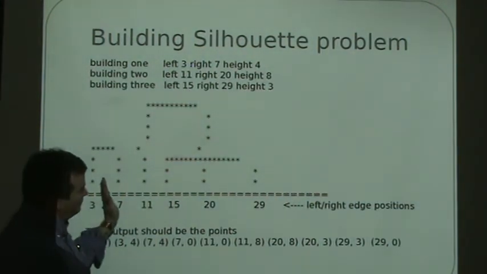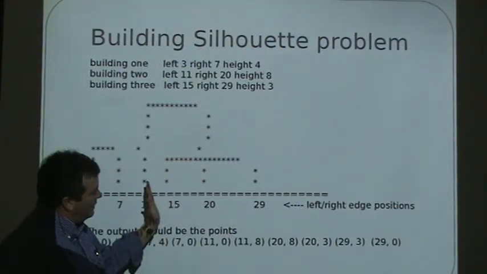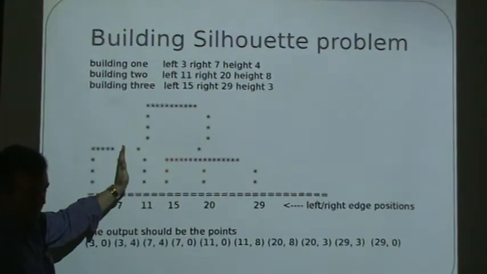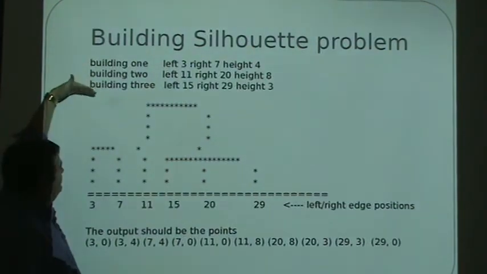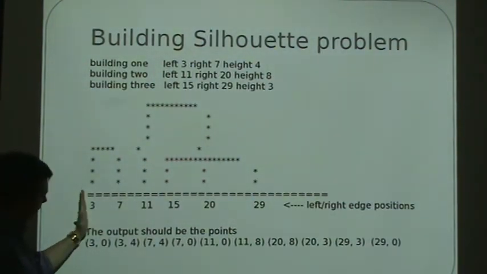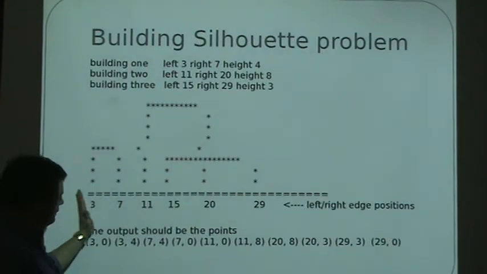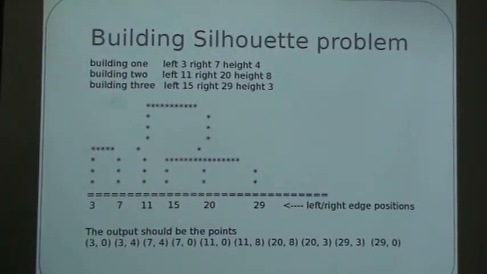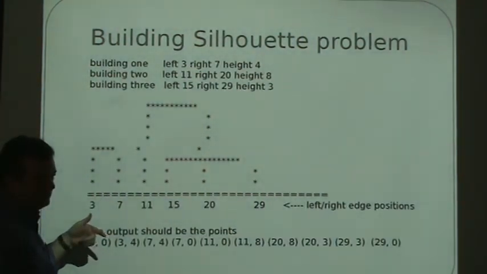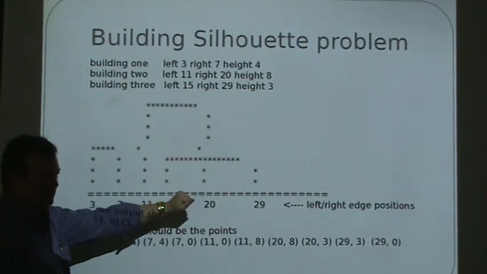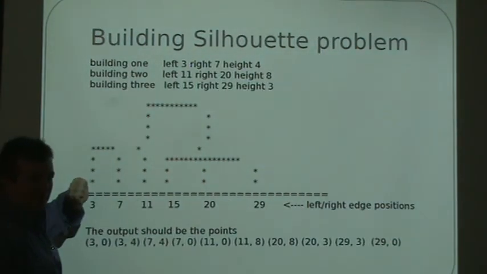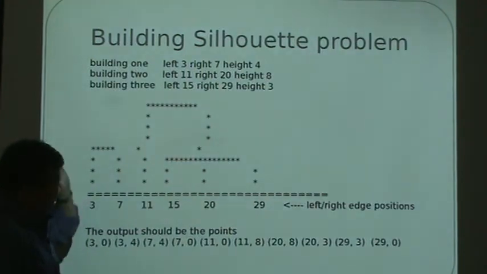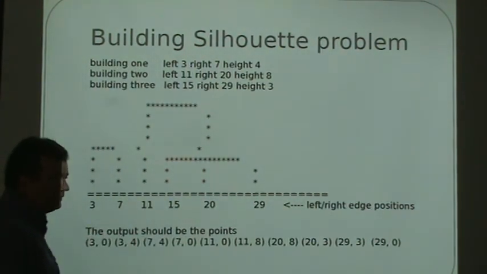So, solving the problem that way, how many operations would we have to do where we add a building? You're given a problem that has b buildings, and let's say the city goes from 0 to n in integer values. So how many times will we have to add a building to our heap before we're done? There's b buildings, so every building gets added once and every building gets deleted once.